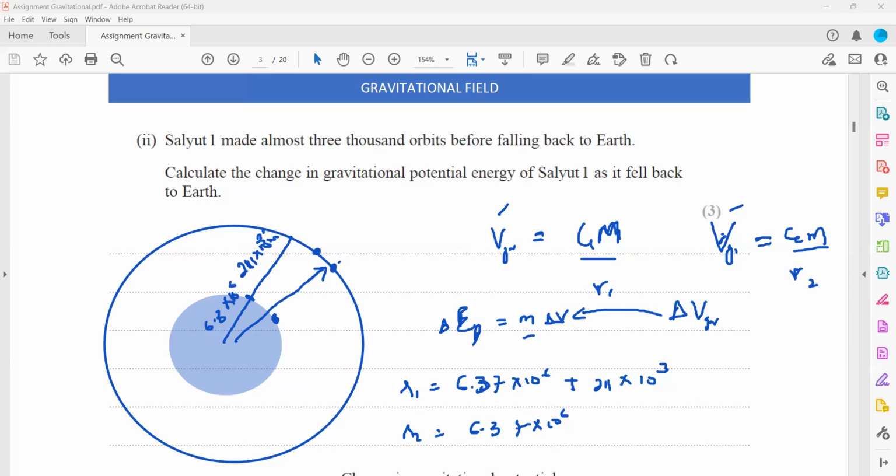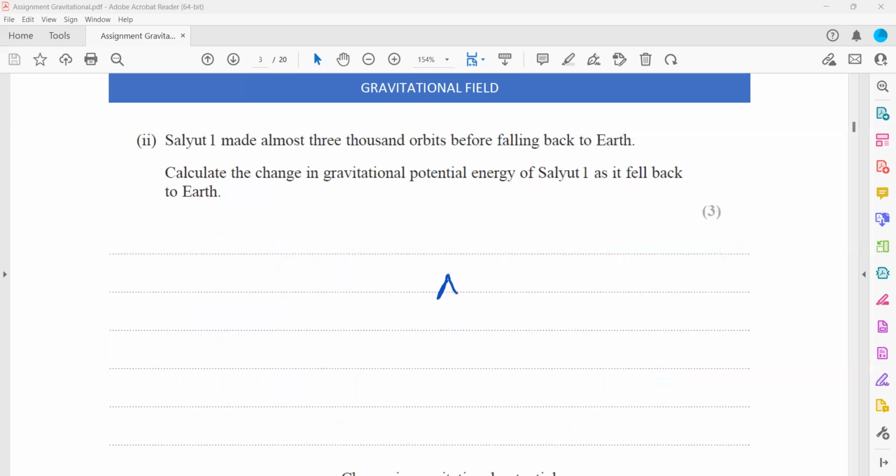Or you can also use this formula. Normally, for potential energy we say mgh. But because the value of g is not constant, it is given by g equals GM over r squared.